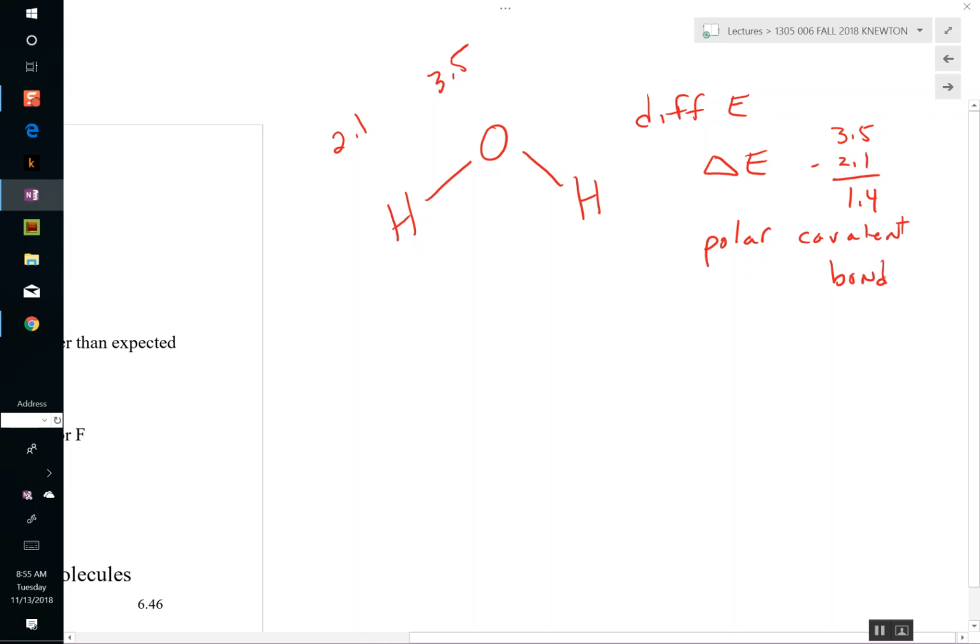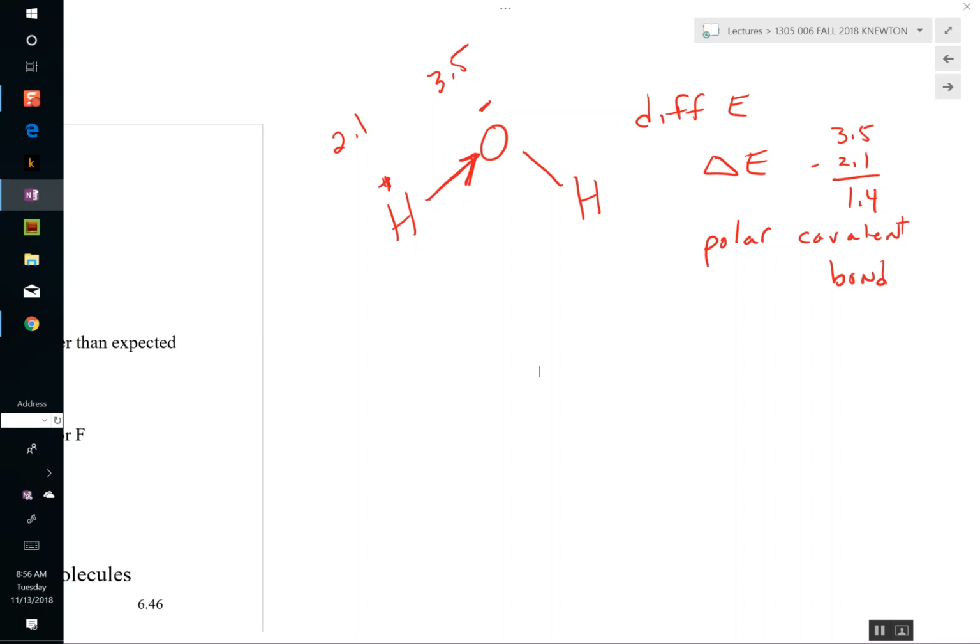Polar covalent bond. We're saying that the attraction of the electrons, there are two electrons in this bond, and the electrons are preferentially being attracted to the oxygen, and electrons are negative. And so what we leave out here is a proton all by itself, and it's positively charged.